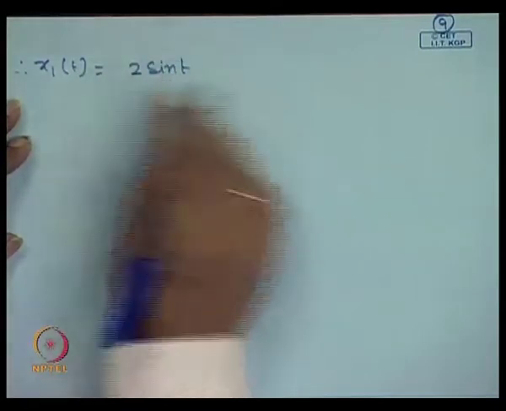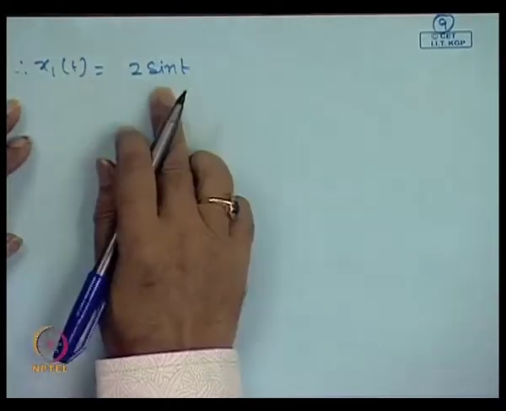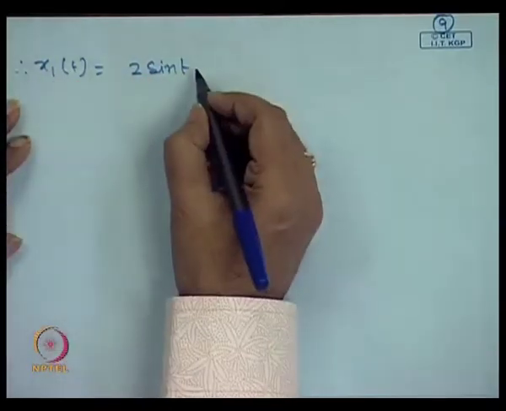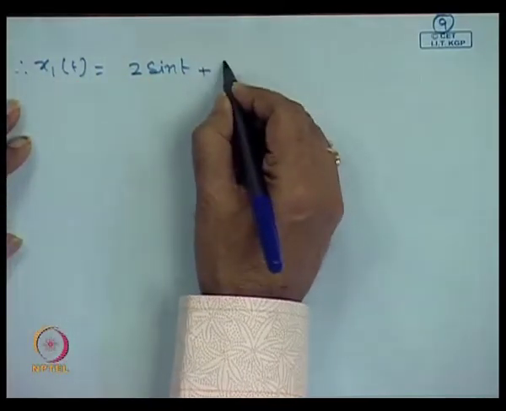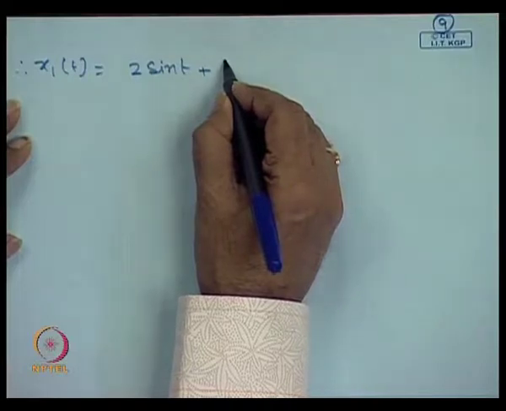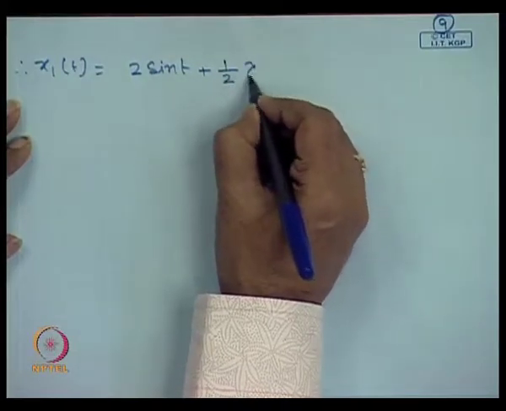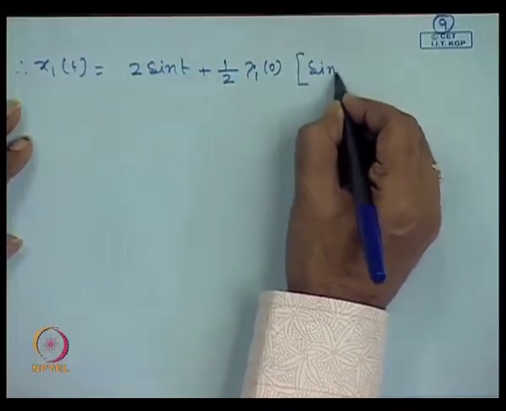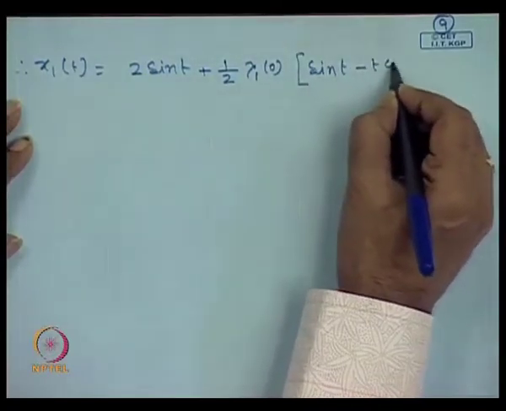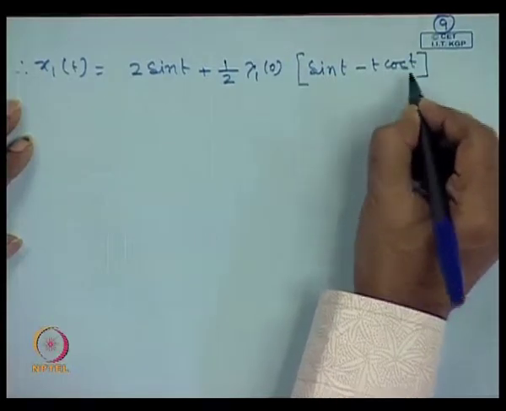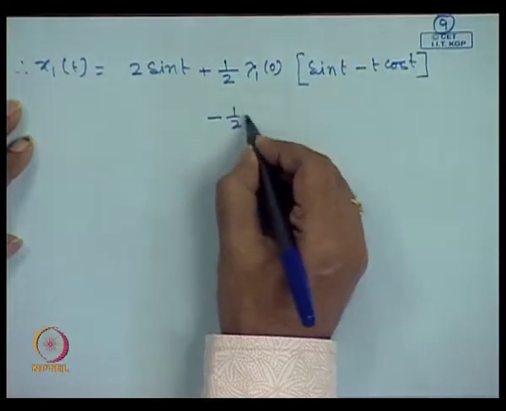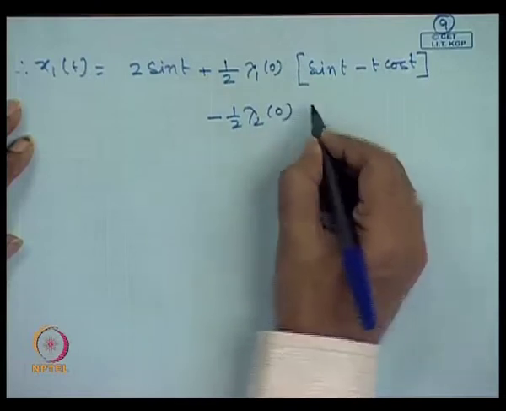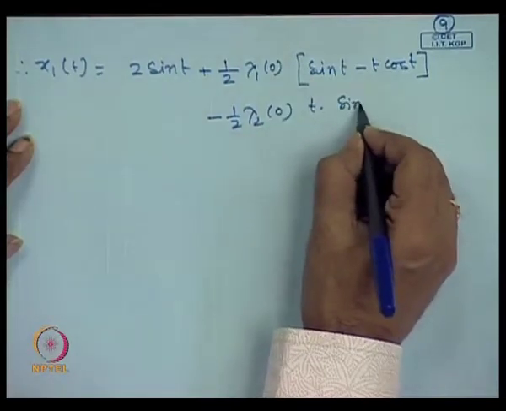I leave this as an exercise to check the solution of that second order differential equation: lambda 1 of 0 times (sin t minus t cos t) minus half lambda 2 of 0 t sin t.